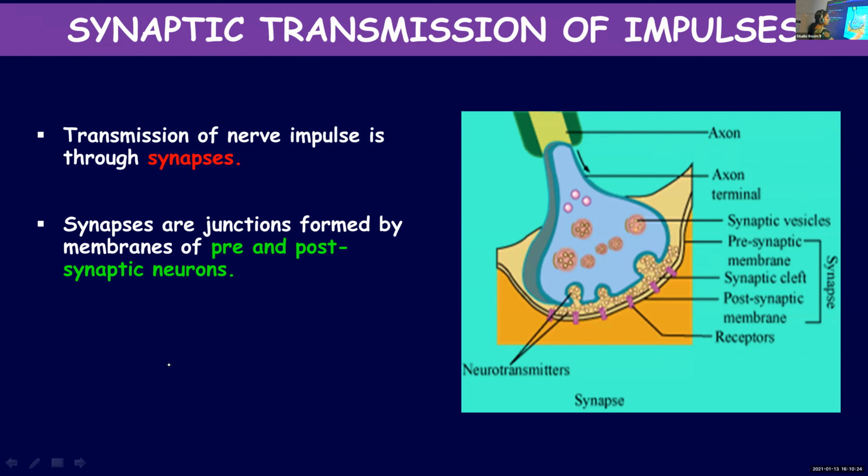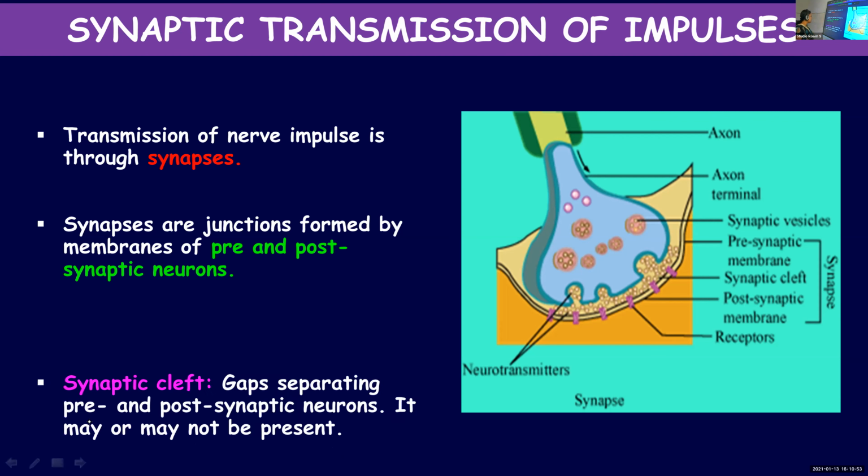So suppose two nerve cells are there, the first one you can call the presynaptic neuron, and the other one the postsynaptic neuron. The neuron before the synaptic region is presynaptic, and the one after is postsynaptic.